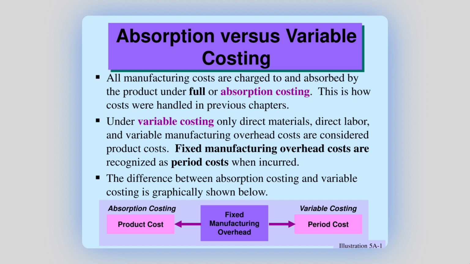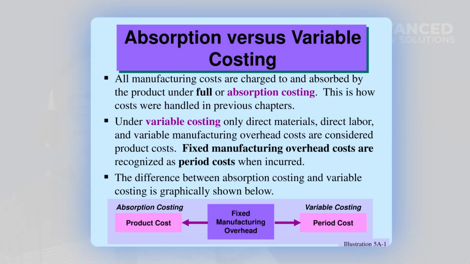That's why all manufacturing costs are charged to and absorbed by the product under the full or absorption costing. When you say variable costing naman, only your direct materials, direct labor, and variable overhead are considered to be product costs.